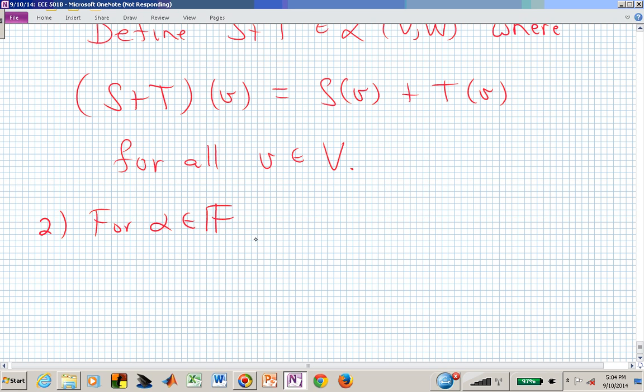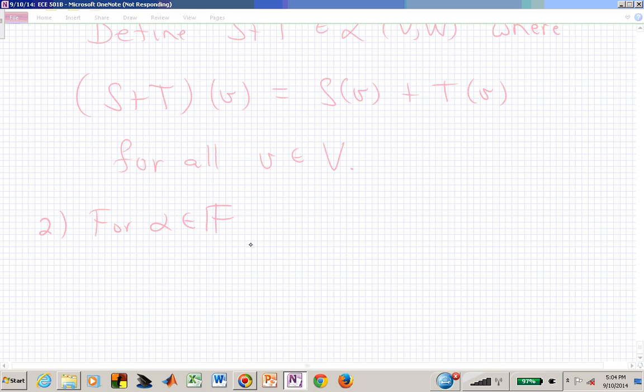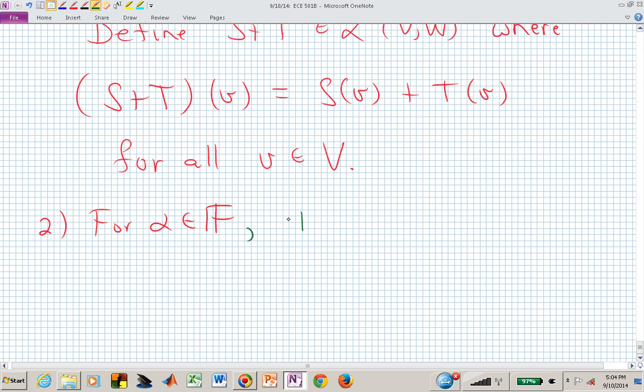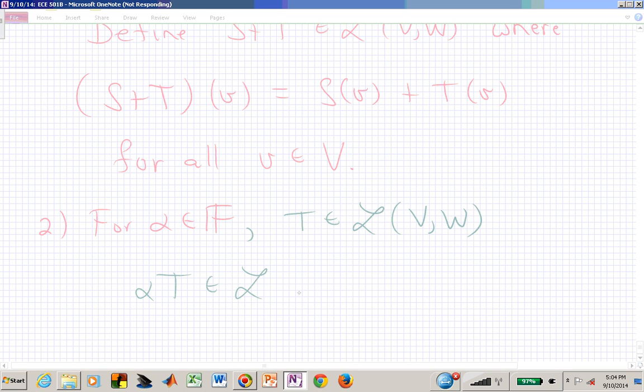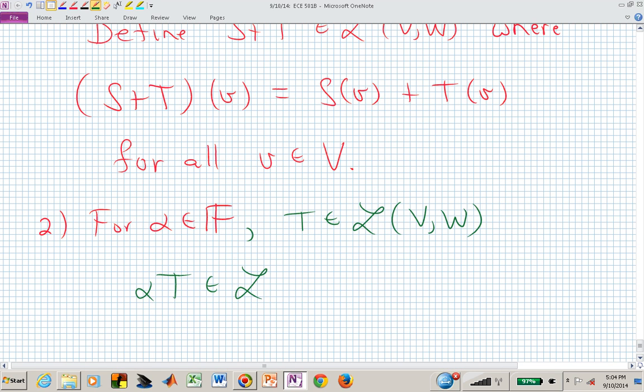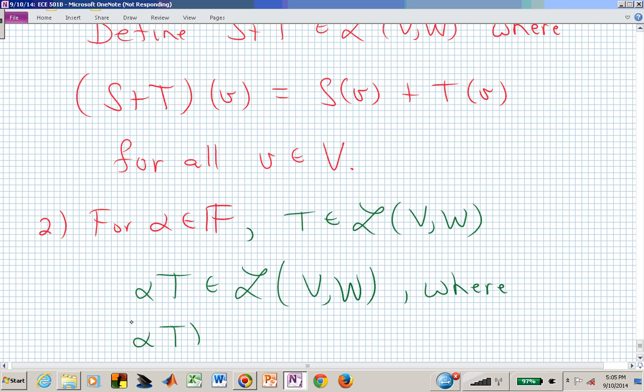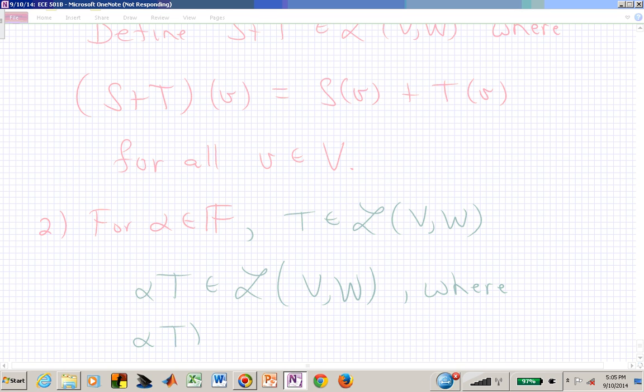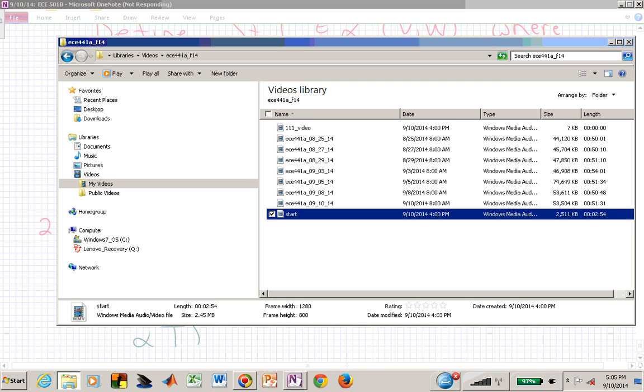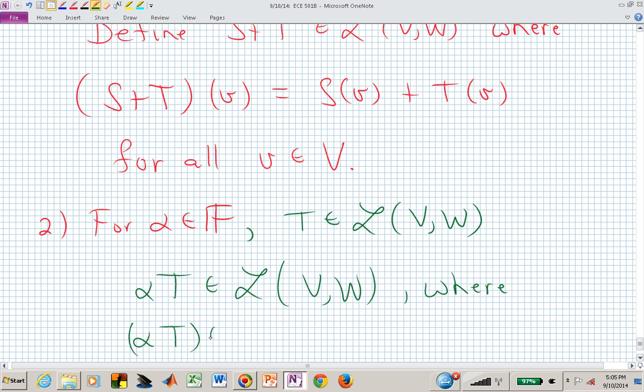For alpha, a member of our field, R or C, alpha T is in L of V, W, where alpha T operating on V is equal to alpha times TV.